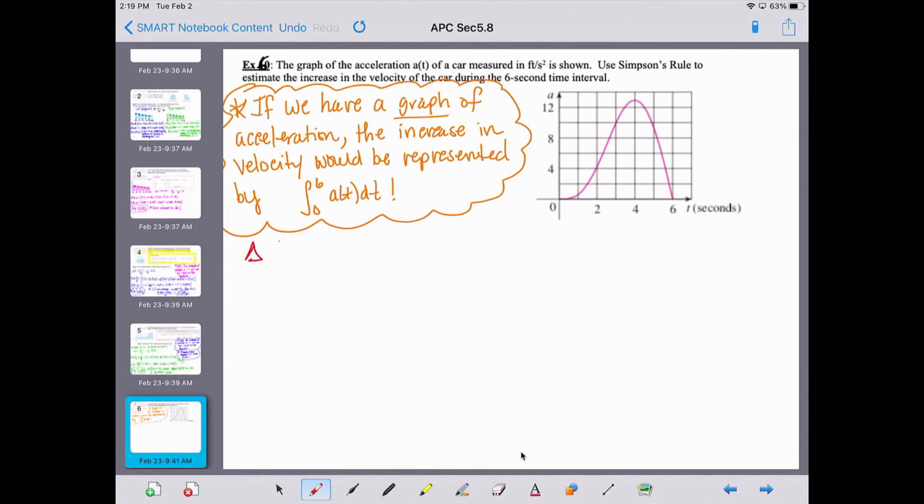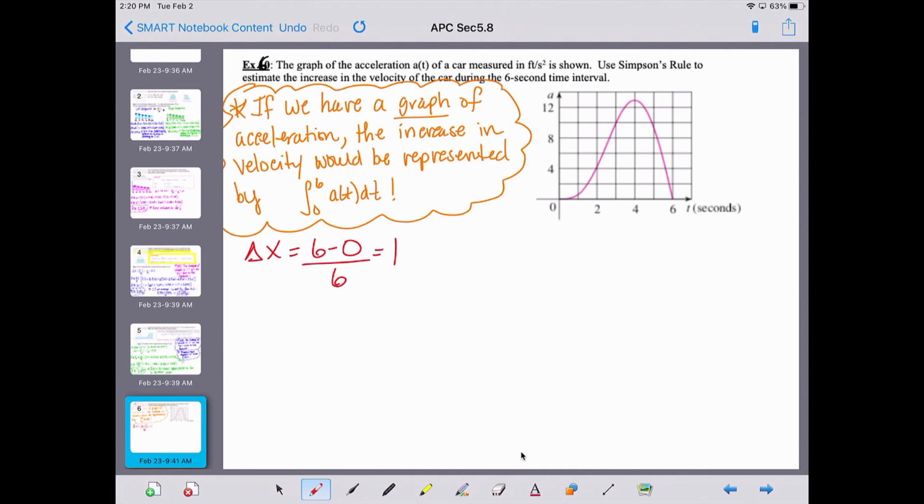So our delta x is going to be equal to 6 minus 0, that's our b minus a, divided by 6, which is 1. And so we're going to be approximating this using S sub 6, Simpson's rule with 6 segments, all right?